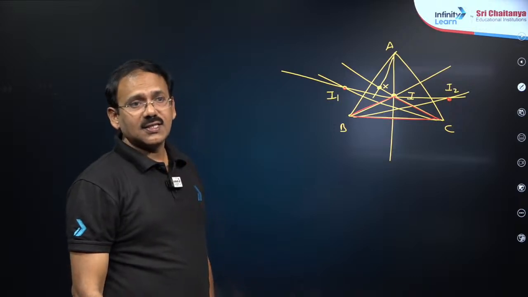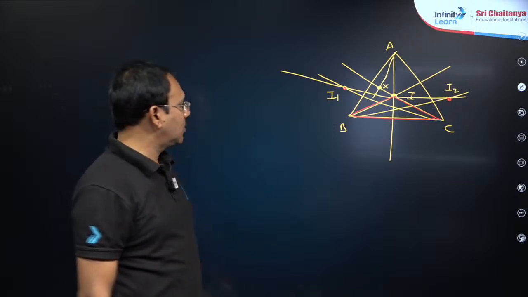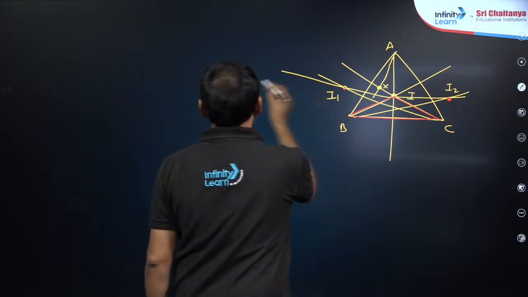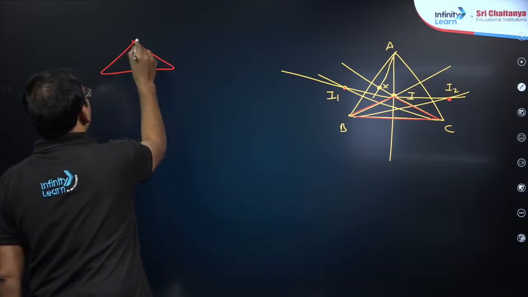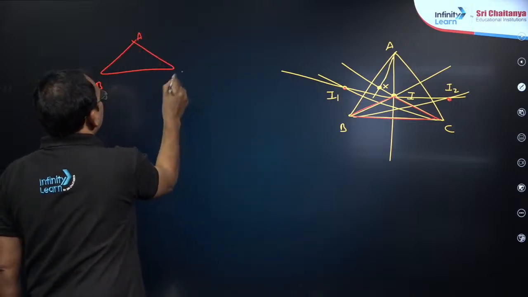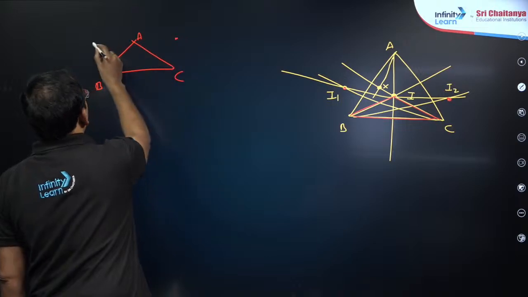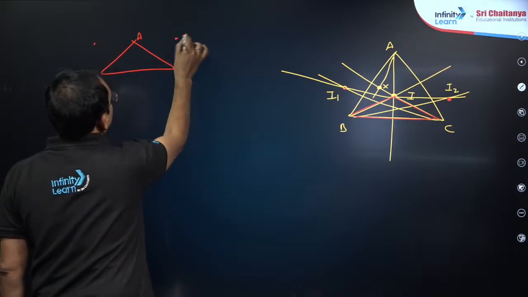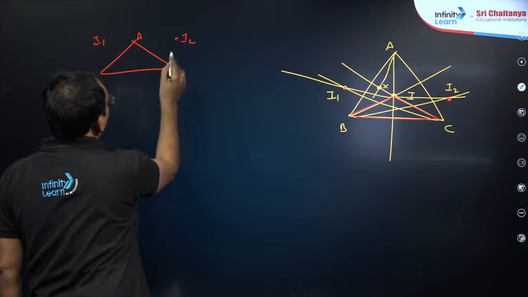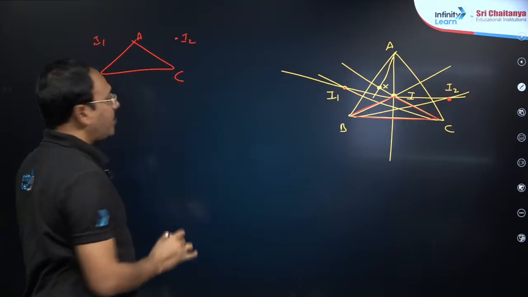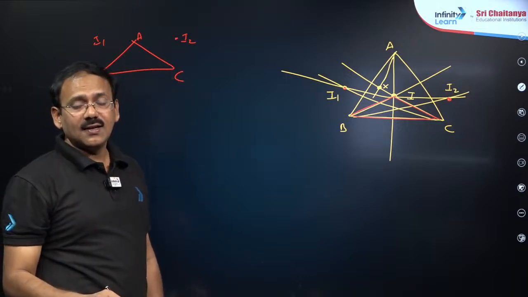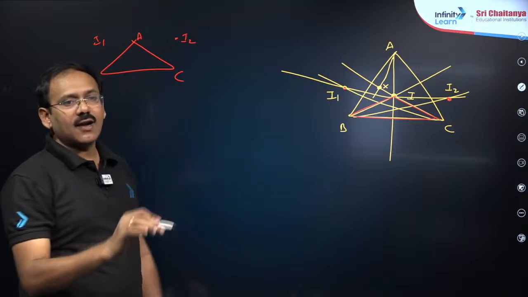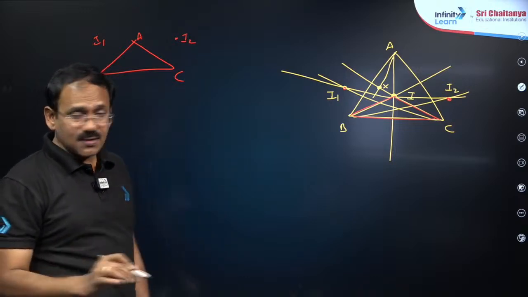Now, dear students, there is a result, I think you know well, for triangle ABC, if you take the excenter opposite to B, excenter opposite to A, say I2, I1, the points I1, I2, B, C are concyclic with diameter I1, I2. That is the result. Let me repeat.